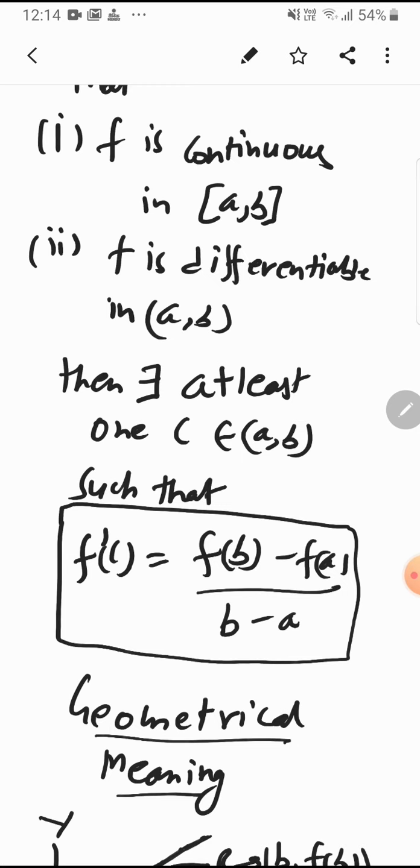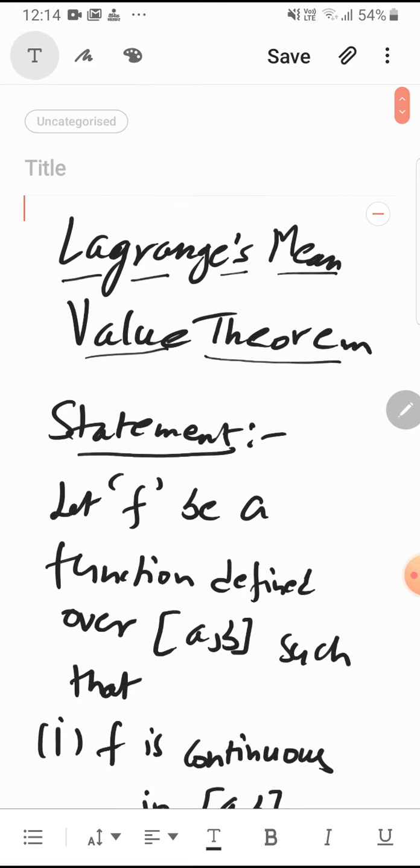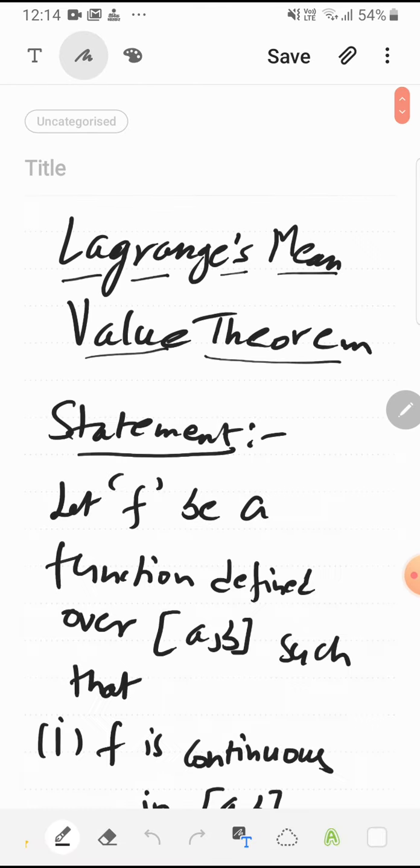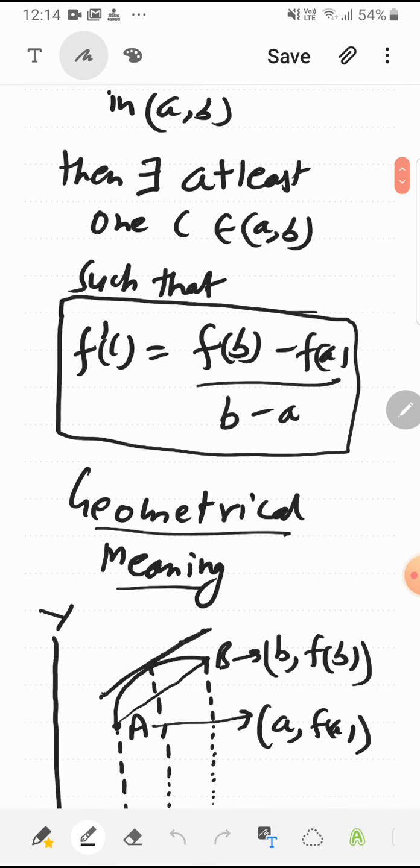Students, one thing should be noticed here. If I put the third condition of Rolle's theorem here, that is, if I make f of a equal to f of b, then the right hand side becomes 0.